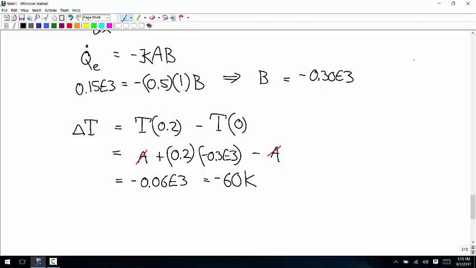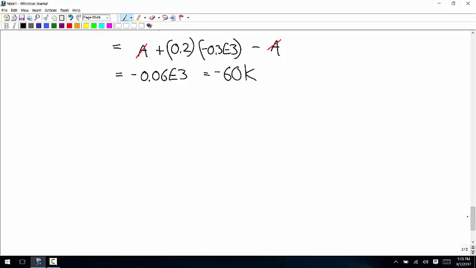Okay, so here's the first thing I want to do as part of a review. First law of thermodynamics review.